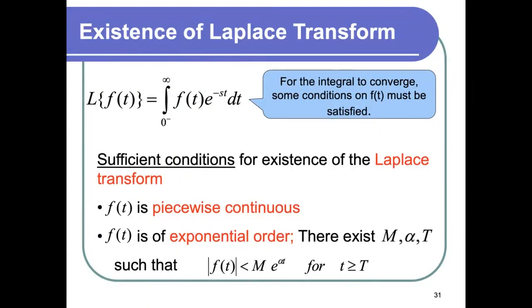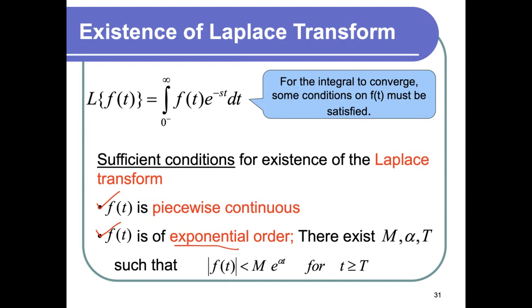So a sufficient condition, meaning that if you satisfy it, then you know that there is a Laplace transform, for the existence of a Laplace transform is that f of t is piecewise continuous, and that it is of what's called exponential order.